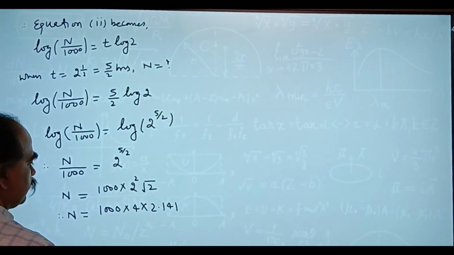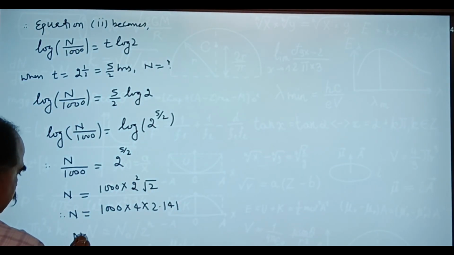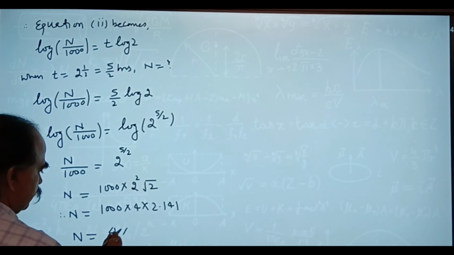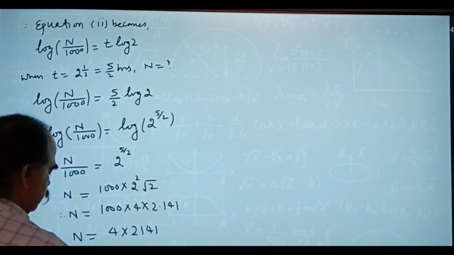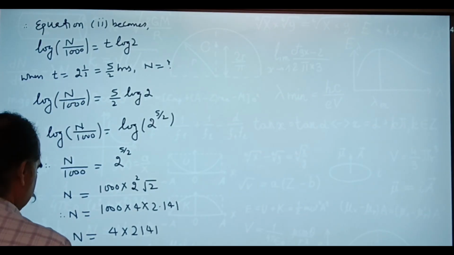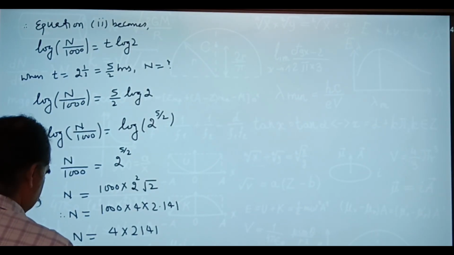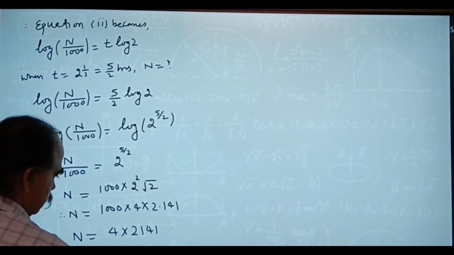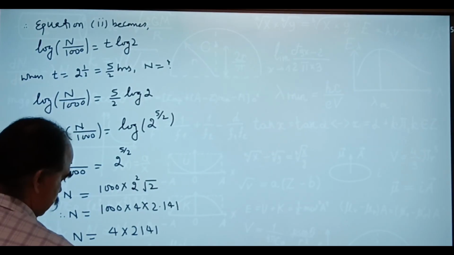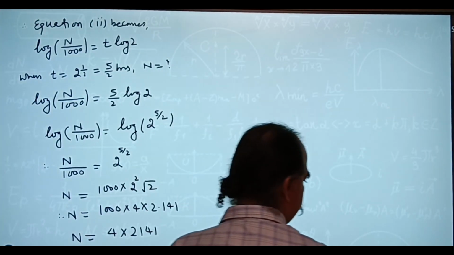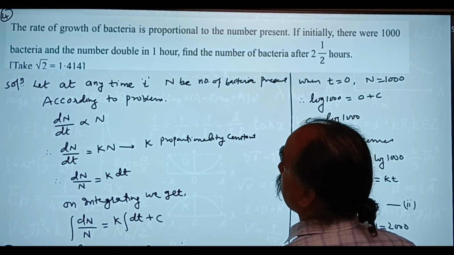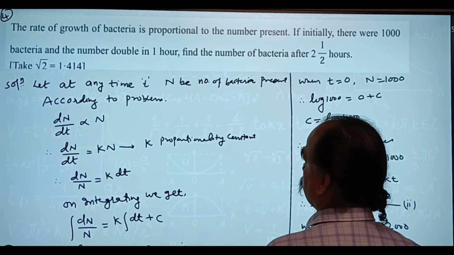This is the value of root 2 given. N is what? 4 into 1414.